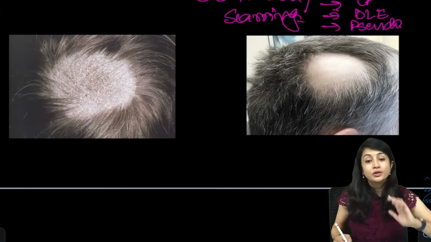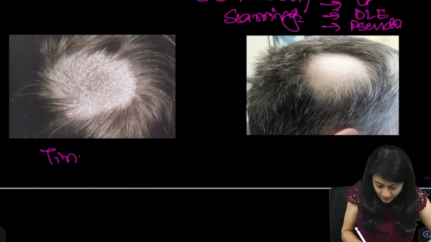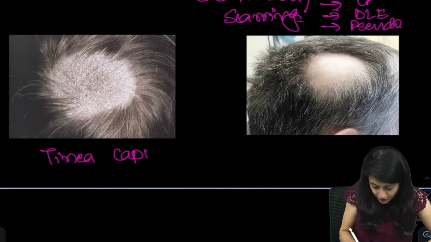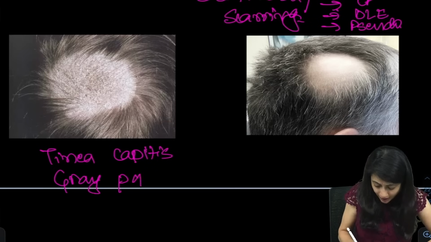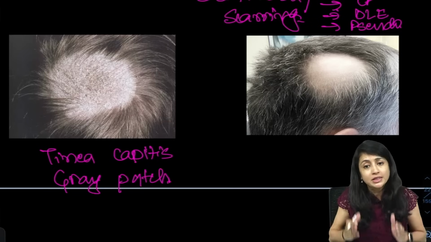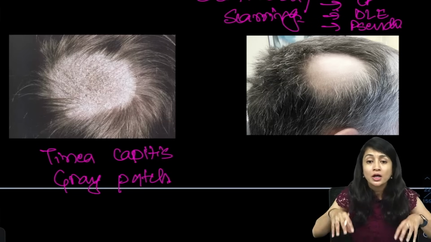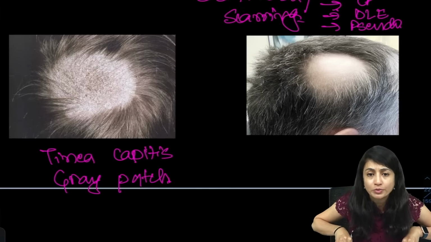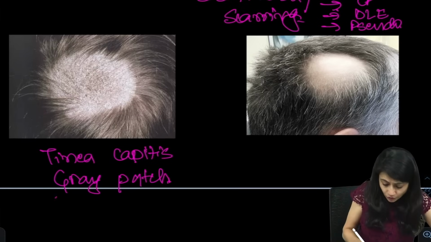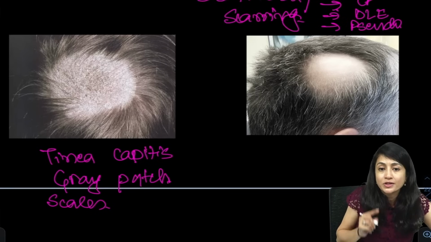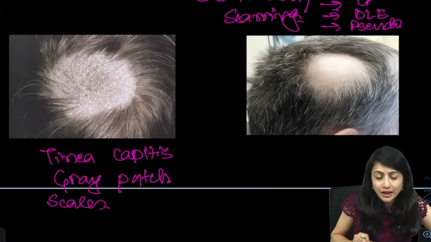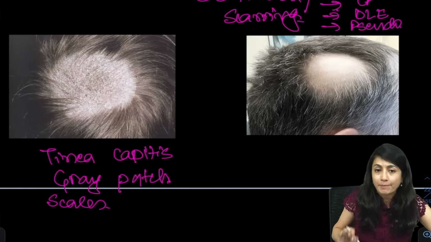Absolutely right. So this is tinea capitis. And which form of tinea capitis? Grey patch. Now why have I put both the images together? Because these are the differentials which are given in the question. Whenever you have a patchy alopecia in a child, look for the presence of scales. If there are scales, you mark it as tinea capitis and especially grey patch.